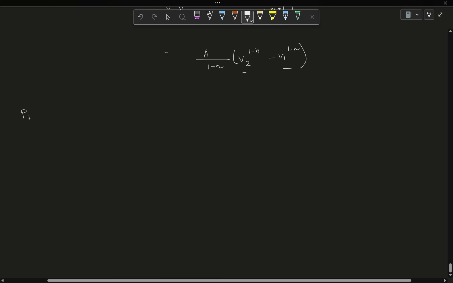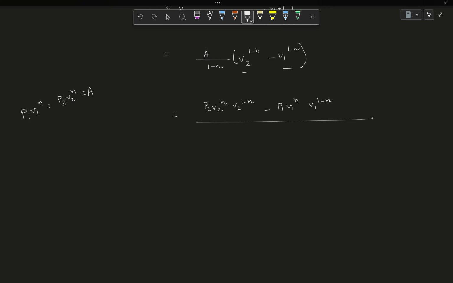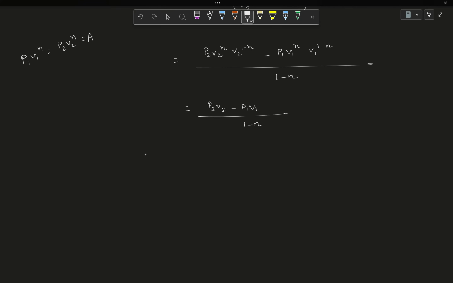But we do know that P1 V1^n is equal to P2 V2^n, which is equal to the constant A. So we just put in the value. This is P2 V2^n times V2^(1 minus n), minus P1 V1^n times V1^(1 minus n), divided by 1 minus n. So this is just (P2 V2 minus P1 V1) by (1 minus n), right?